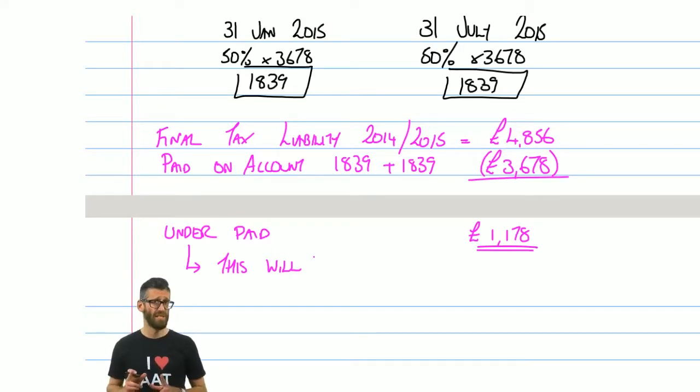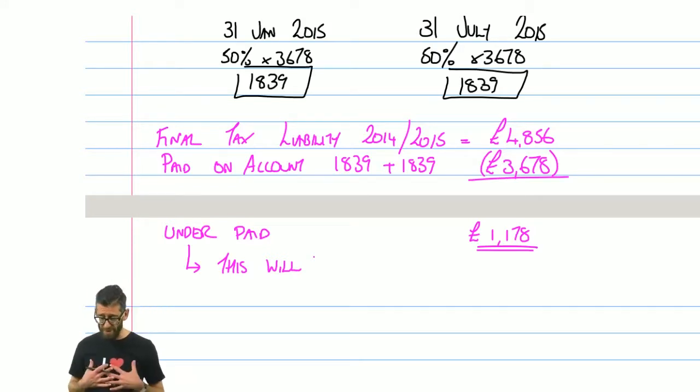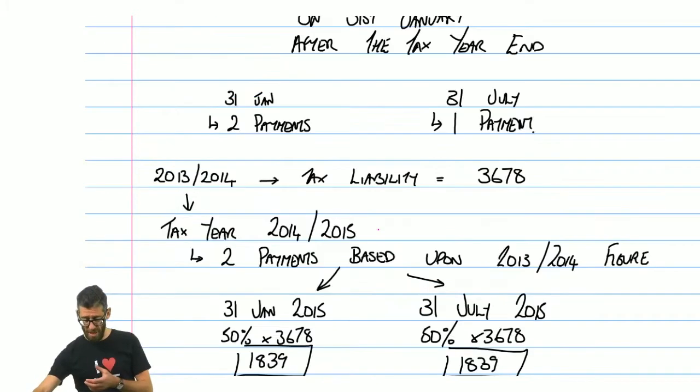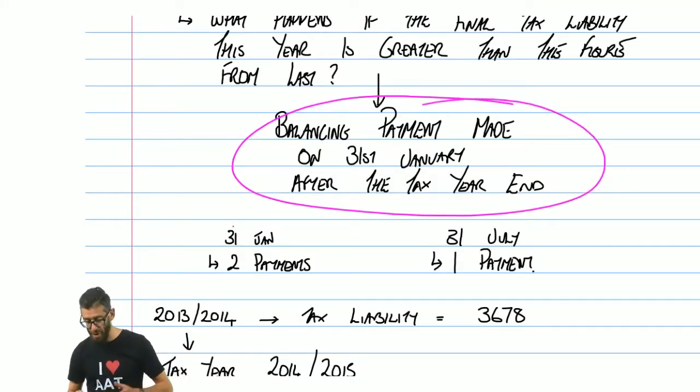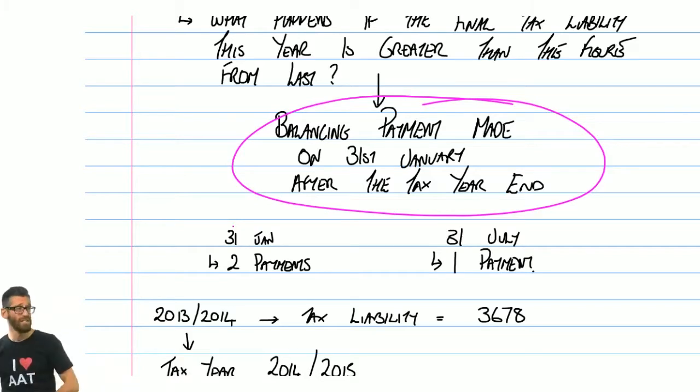Now this is what the examiner said you're getting wrong, guys. The dates. See, we would have only found out about this at the end of our tax year, which was 2015. Subsequently, we've got time to make the payment because, as I stated in the rule above, the balance in payment is made on the 31st of January after the tax year ends.